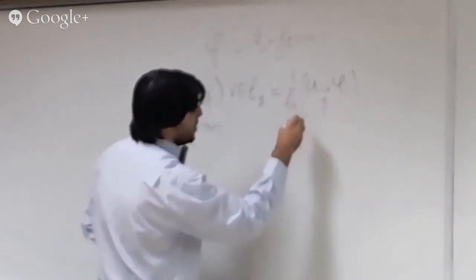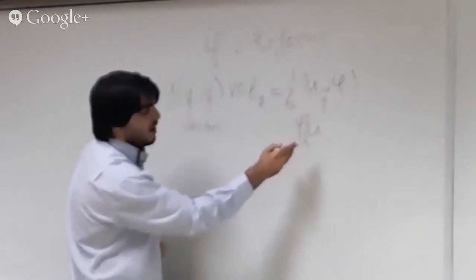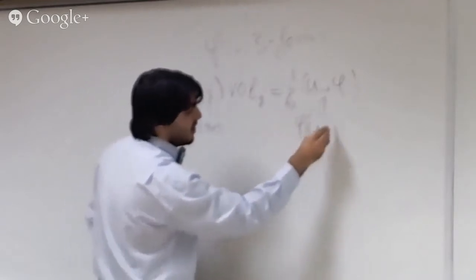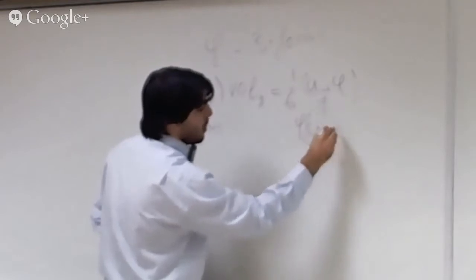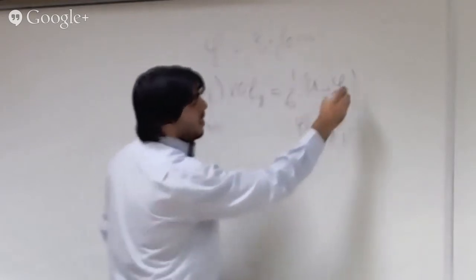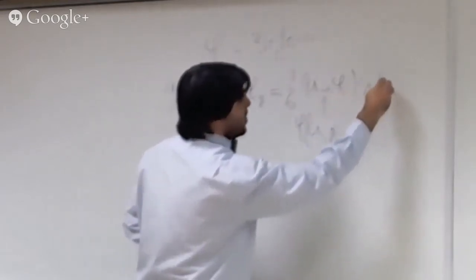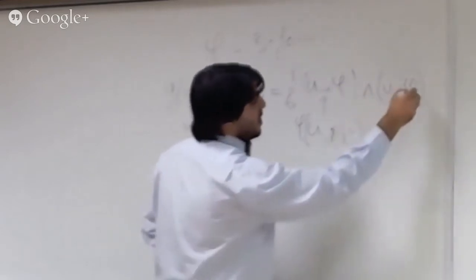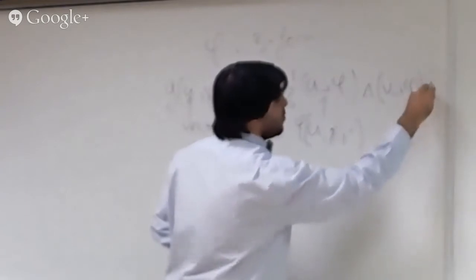Alternatively, we take phi and plug a vector into the first slot, wedge it with v contracted with phi, and wedge it with phi again.